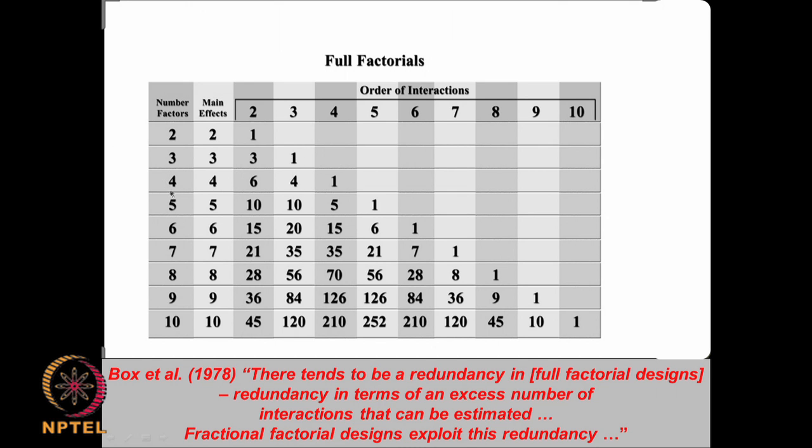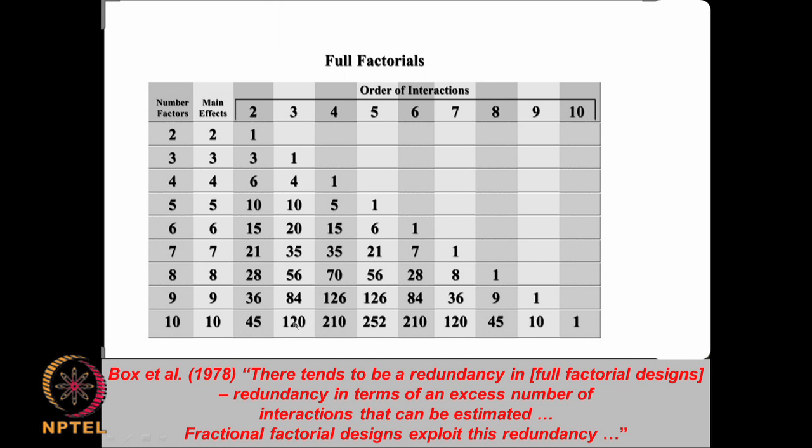If you look at 4 factors A, B, C, D, you will have main effects A, B, C, D, then you will have 6 two-way interactions like AB, AC, AD, BC, BD, CD, that is 6. You can have 4 three-way interactions ABC, ABD, BCD, ACD, and there will be 1 four-way interaction ABCD, like that it goes.